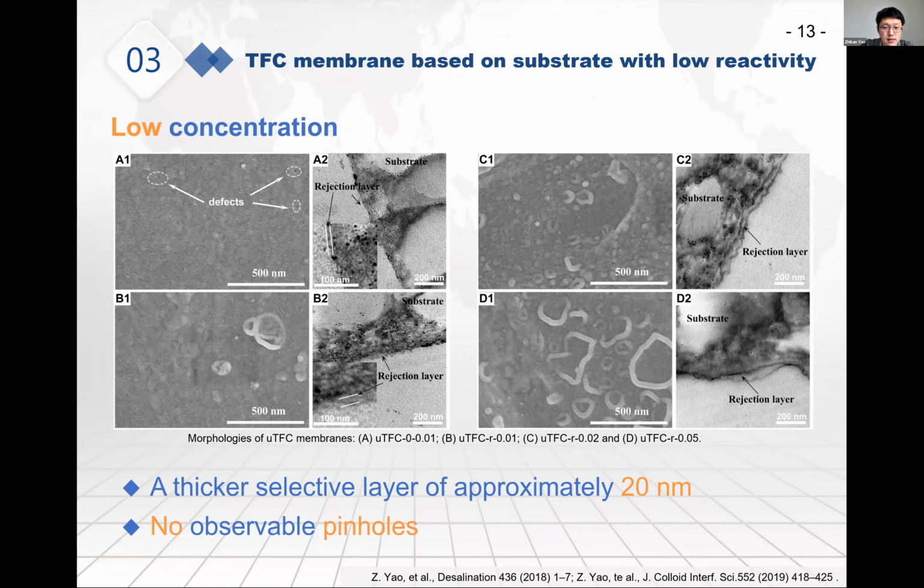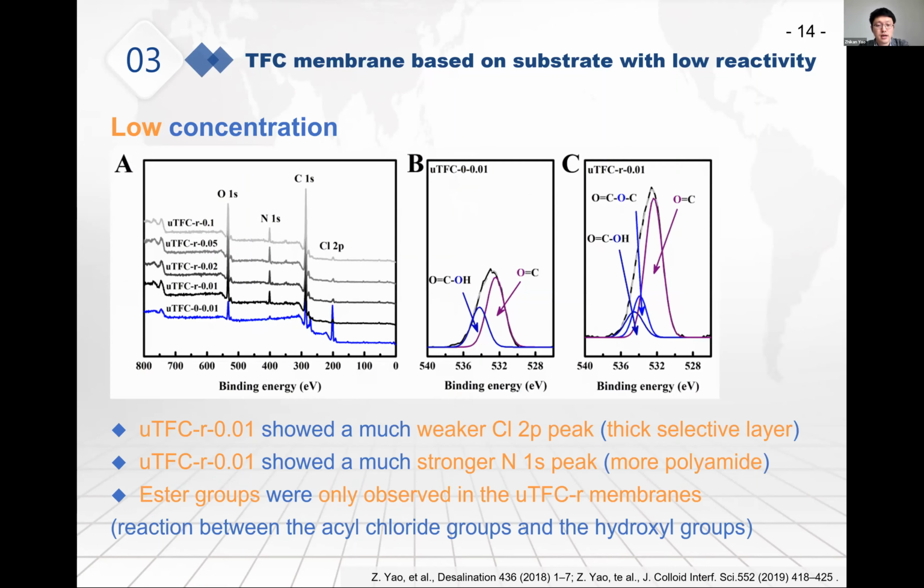Then XPS analysis was carried out. The TFC membrane prepared on the reactable substrate showed a much weaker chlorine peak, which means the formation of a thicker selective layer, and a much stronger nitrogen peak, which means the formation of more polyamide.